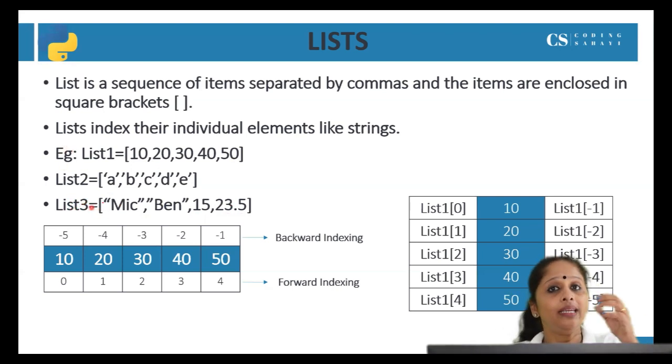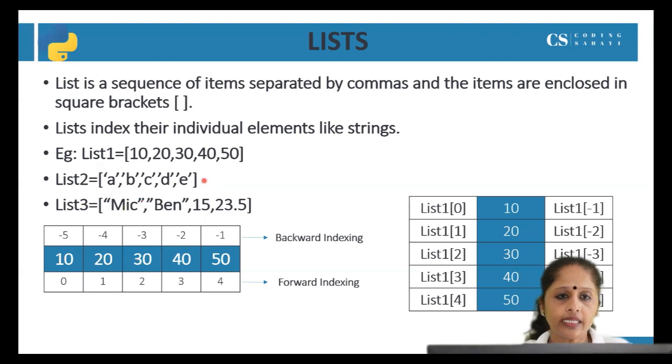Okay. So like our strings, these can also be accessed using an index, or there is an index value for each item in the list. For example, here list 1 has the values 10, 20 up to 50. So its representation is like this.